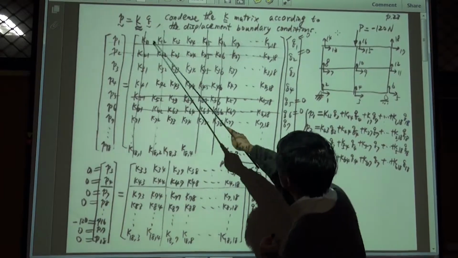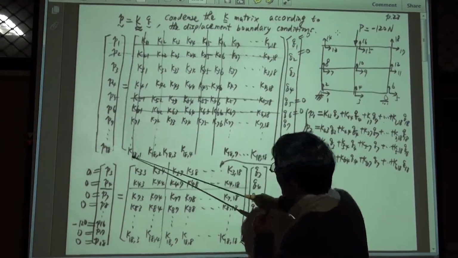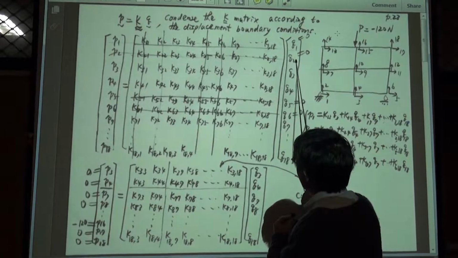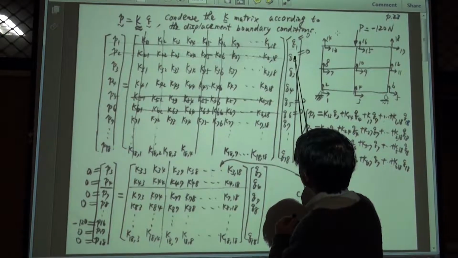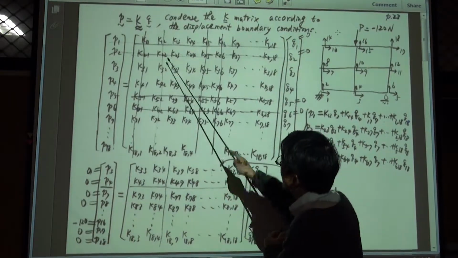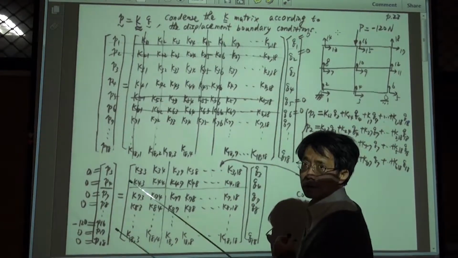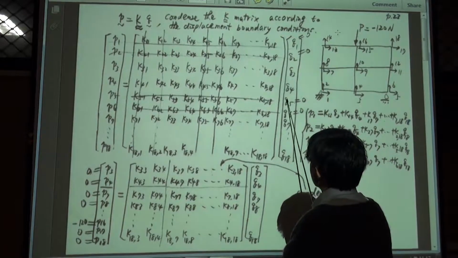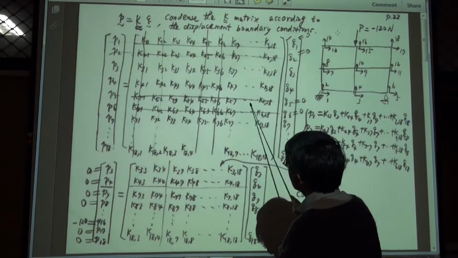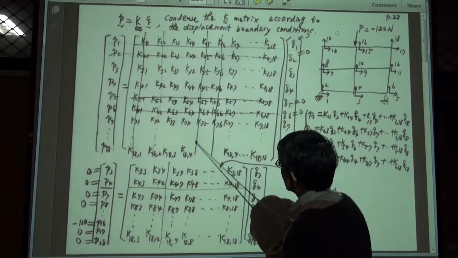The first row is deleted, so the first column should be deleted too. The second nodal displacement is known, so the second row is deleted, and the second column is deleted. Q5 is known, equal to 0, so this should be deleted and this should be deleted.